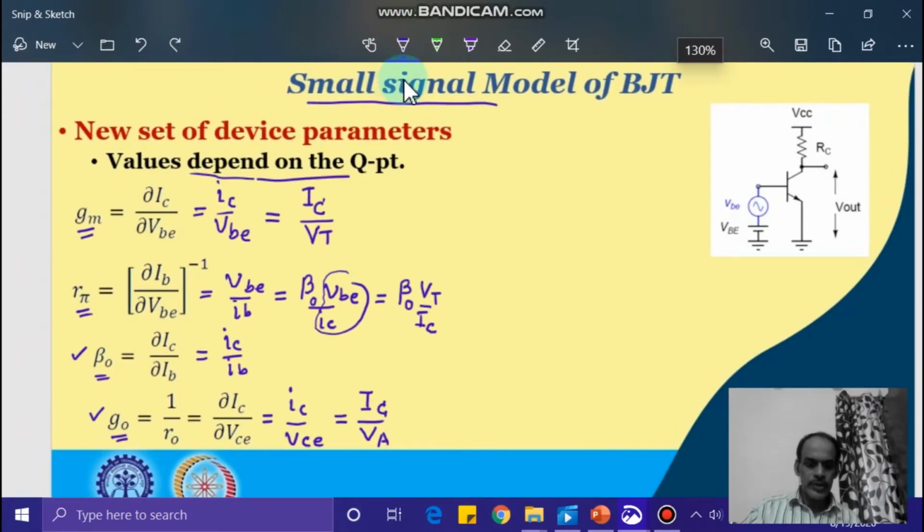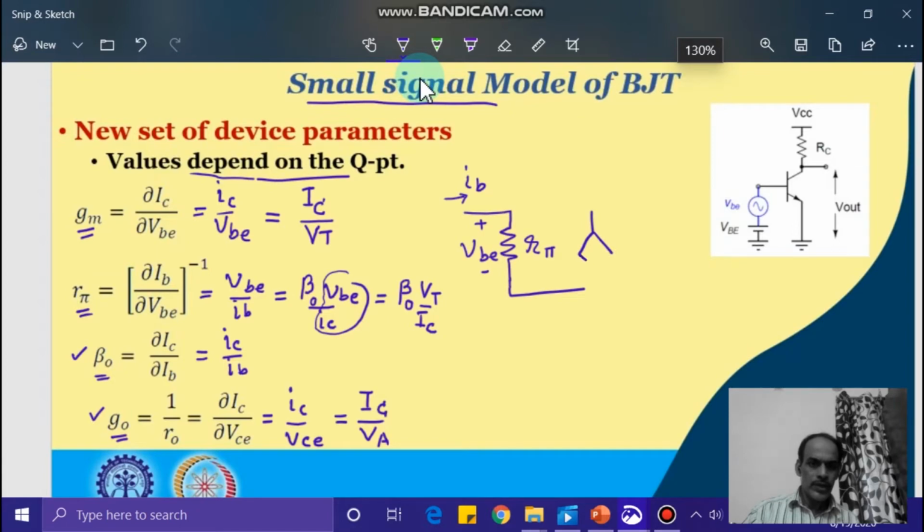Once we have the small signal parameters, they can be represented by a small signal equivalent circuit. Between base and emitter we have r_pi, and the current entering the base is I_B. The voltage drop across this r_pi is V_BE. This V_BE, on the other hand, produces a current at the collector terminal.